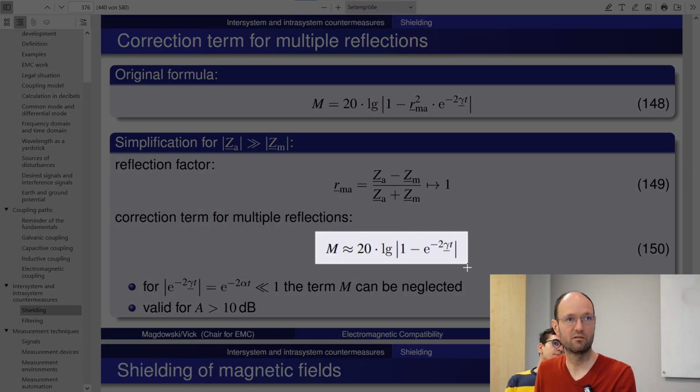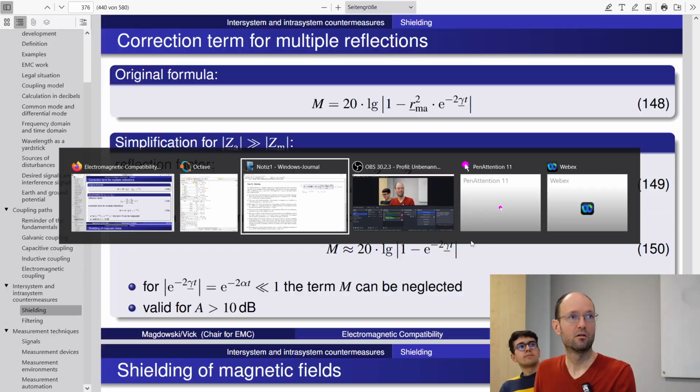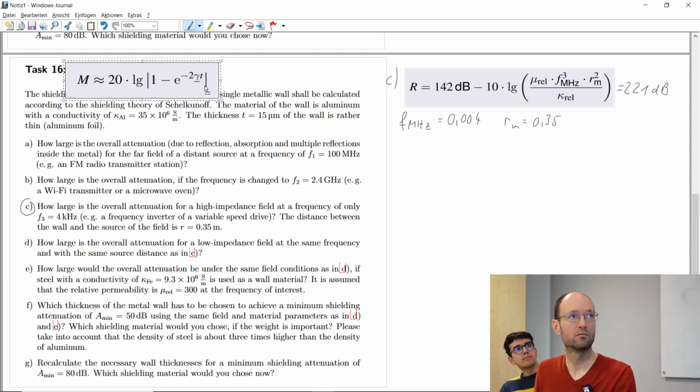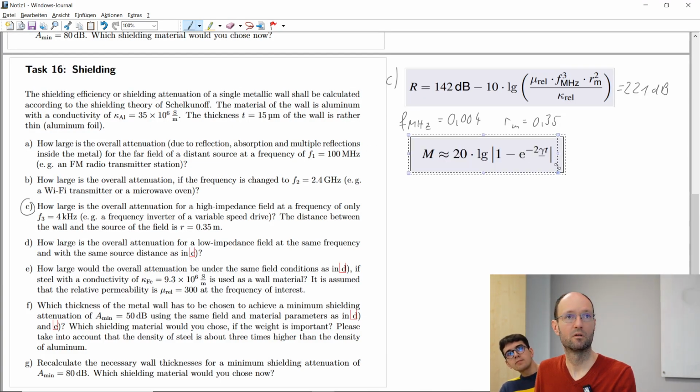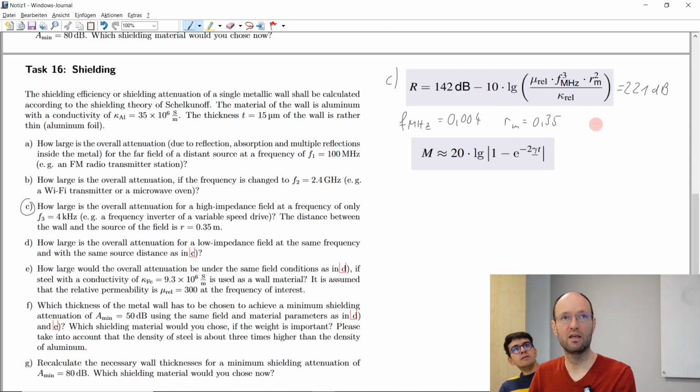Yeah, so let's take this M, copy it here. So I can note that A is more or less 0 dB. So we need to calculate this M. This is a bit of a challenge with the usual calculator because you need to have this complex exponential function, and if your calculator cannot do it, we need to break it down into sine and cosine and so on.